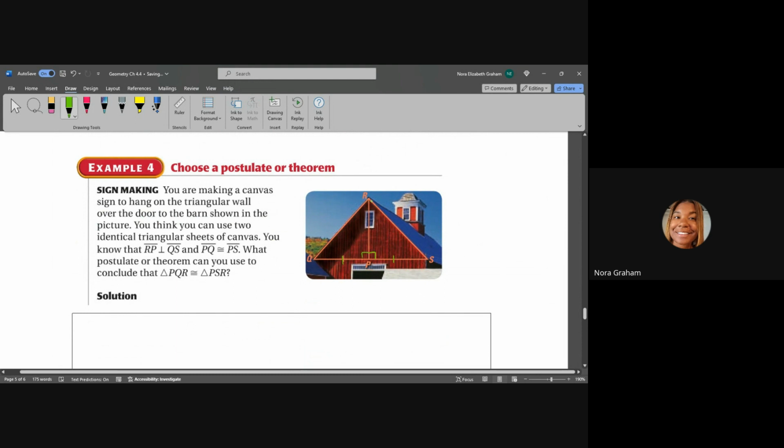I don't know anything about RS or RQ, so I can't say that my hypotenuses are congruent, but I can say that RP is congruent for both my triangles because of the reflexive property. So it would be safe to say that I can use side, angle, side to say that these two triangles are congruent. So we'd use side, angle, side.